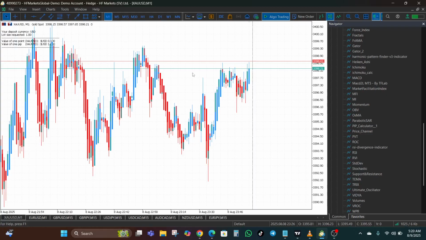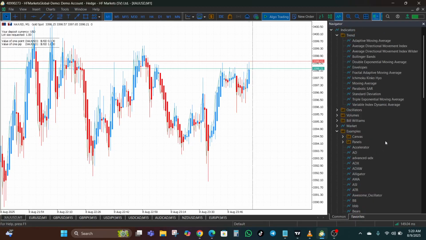If you are using TradingView, Heikin Ashi should be readily available there. You can just search for it in the indicators bar. All right, so this is our Heikin Ashi candle.